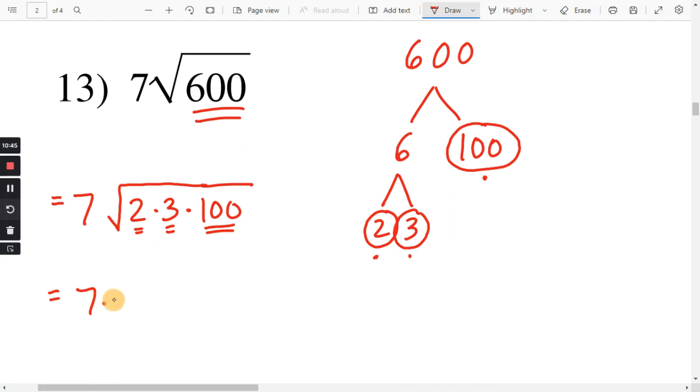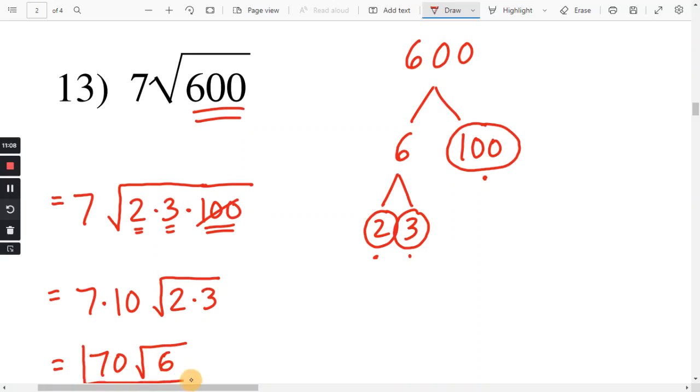So I am going to factor out a 10, since the square root of 100 is 10. And underneath, I'm left with 2 times 3. Okay, so 7 times 10 is 70. And 2 times 3 underneath the square root is 6. So that is the final answer.